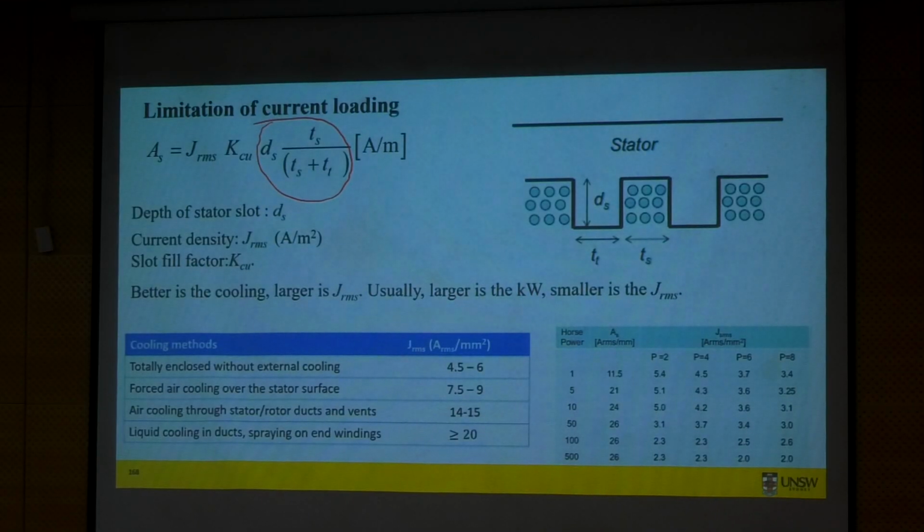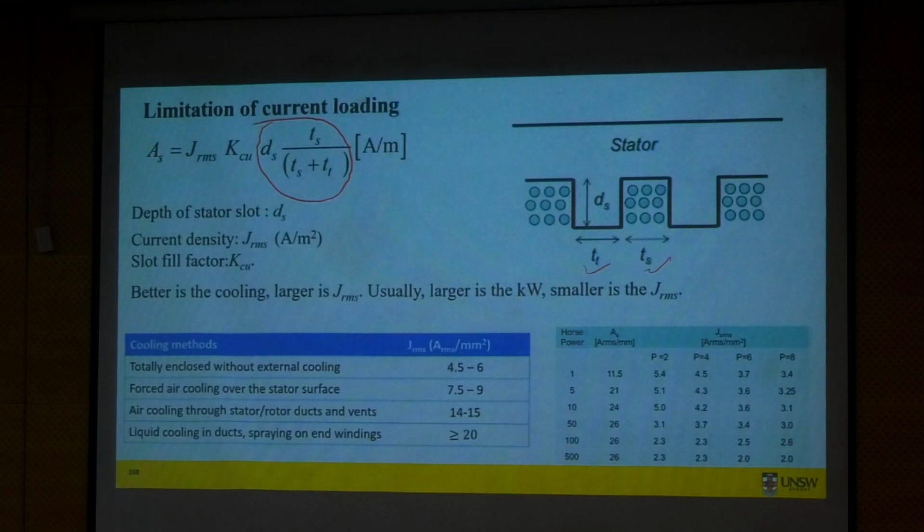So how are we defining the slot dimension? D is the depth of the slots, the width of your slot is Ts, and Tt is the tooth width.